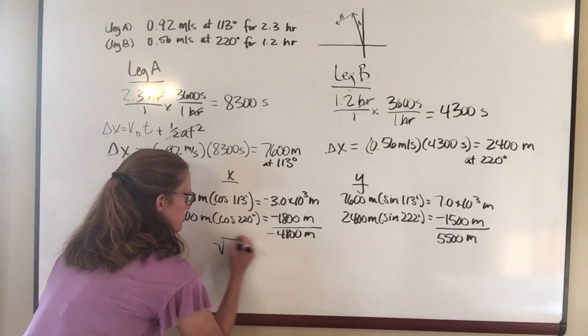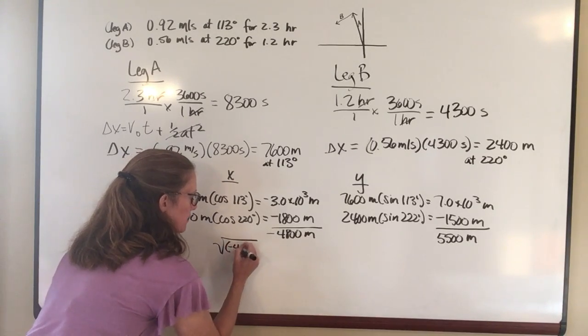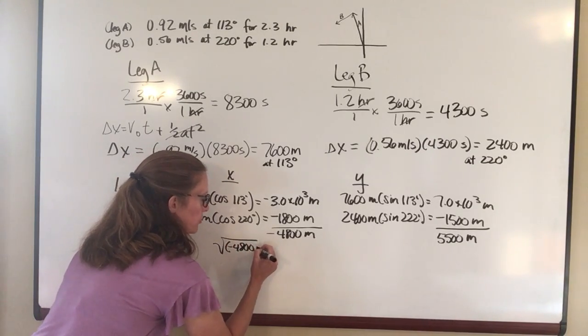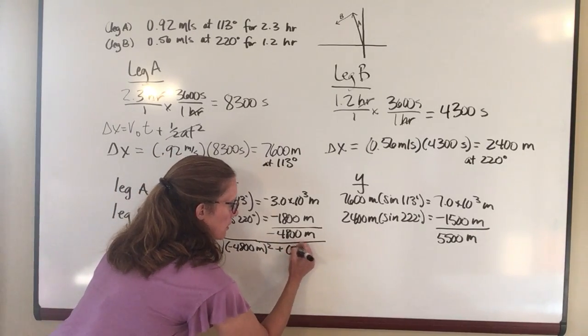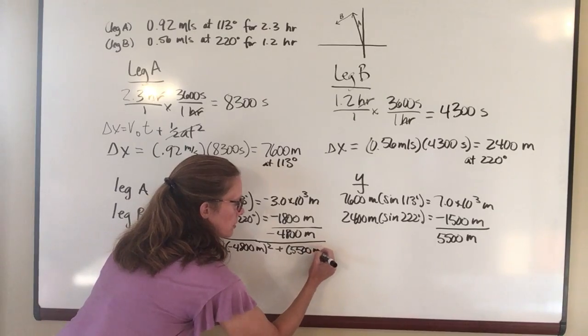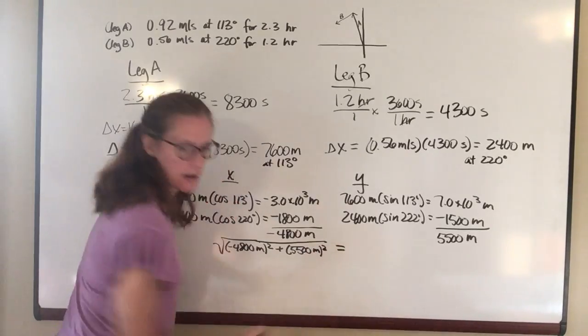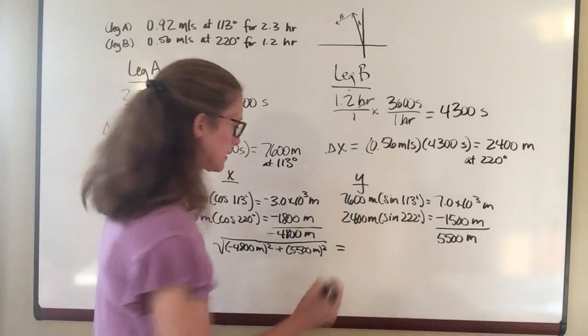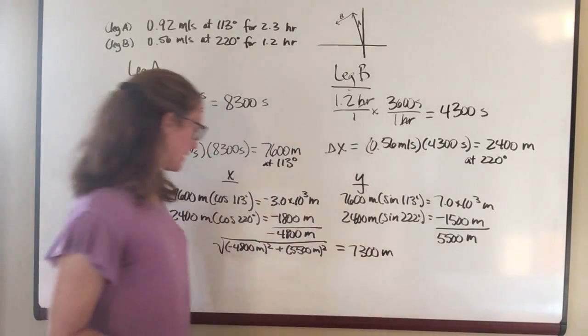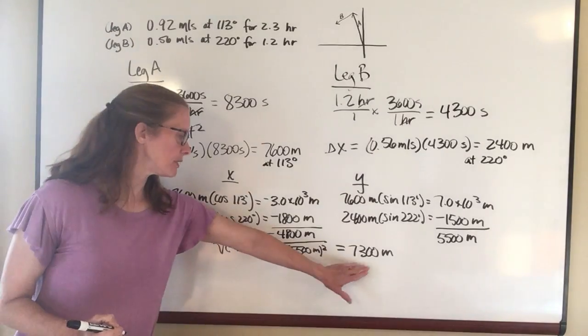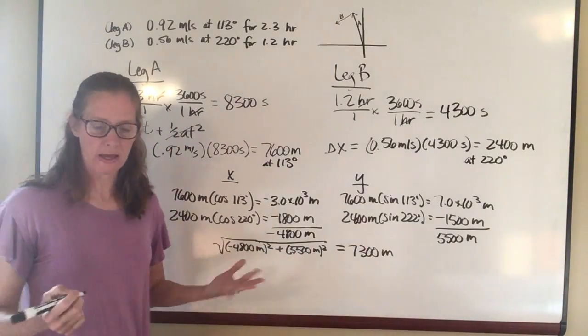So that's going to be the square root of a negative 4,800 meters squared plus 5,500 meters squared. And when you crunch those numbers through, that gives you 7,300 meters. Okay, and again, as I said, this should be bigger than both of those, and it is.